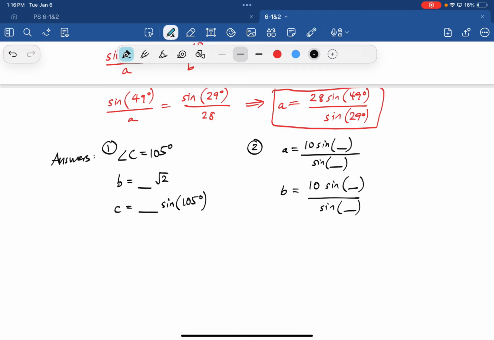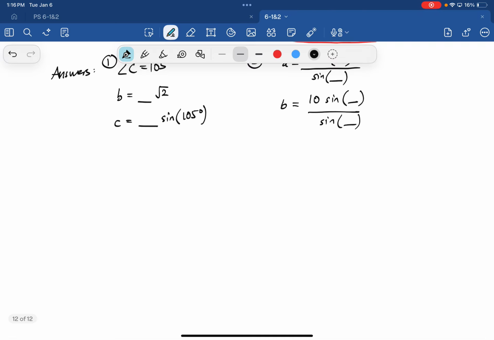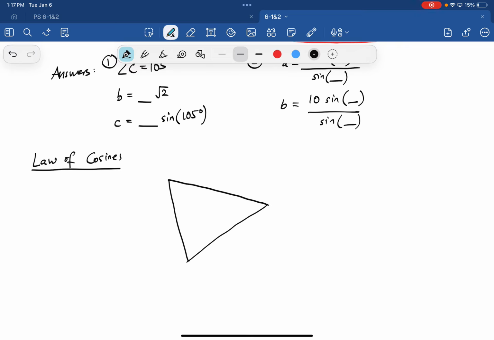All right, let's keep going. Law of sines. 4 minutes. Good. Yep, got it? No degree symbols though. I don't see any degree symbols.